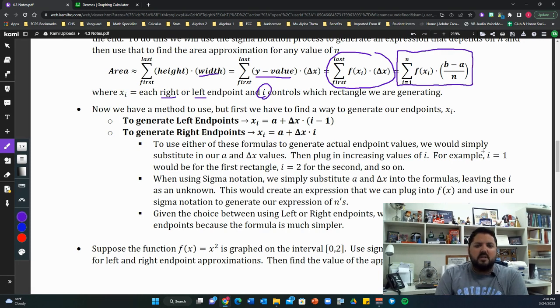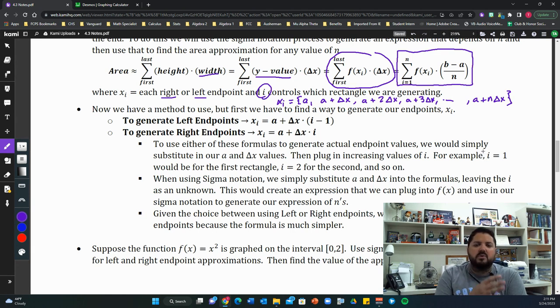So the entire list of x sub i, we would always start at a, and then it was a plus delta x, and then a plus 2 delta x, a plus 3 delta x, all the way up until the very last one, where it was a plus n delta x. So by the end of that, we have the whole list.